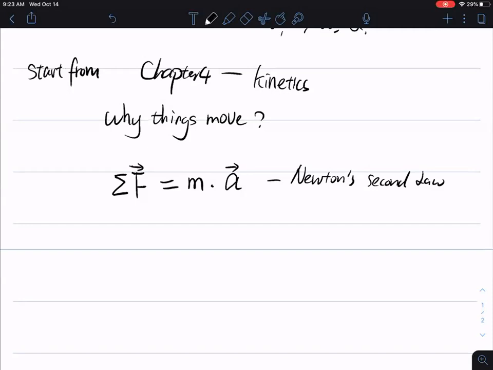But did you notice that I have my forces and acceleration in vector notation? That tells us in this course all the forces are vectors, which means they have directions and magnitudes. So whenever you have a force, you must tell me what is on the I component, what is on the J component.